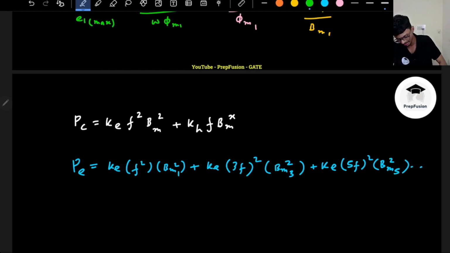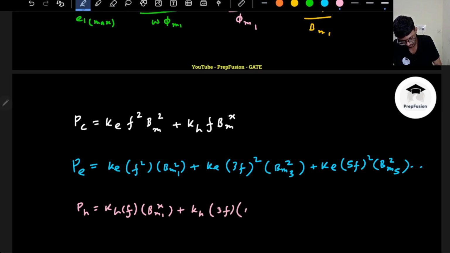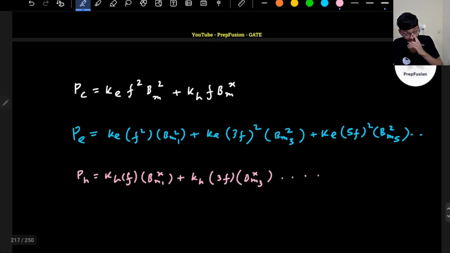Here as well the same thing for the hysteresis loss. My hysteresis loss will be equal to Kh F into Bm1 raised to power x plus Kh into 3F into Bm3 raised to power x, and so on, right? This kind of question can come, and the overall core loss Pc will be the sum of the overall hysteresis and eddy current loss.